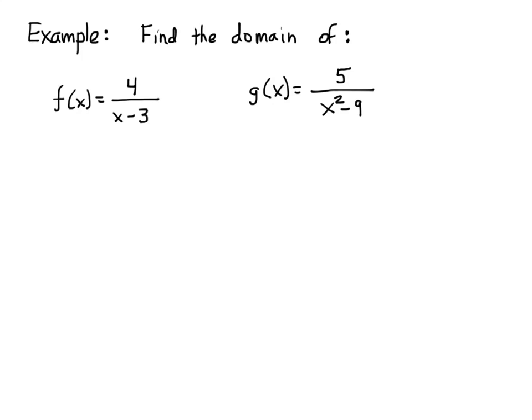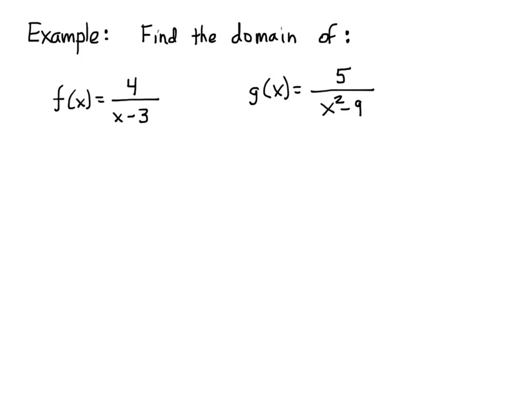value. So remember our definition of functions, it's that mapping that takes x and makes it into another value. So if we put in this first one, let's say a 0, f at 0, we get 4 divided by 0 minus 3 is negative 4/3. Perfectly good number.